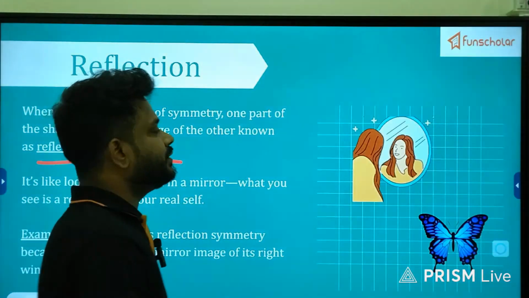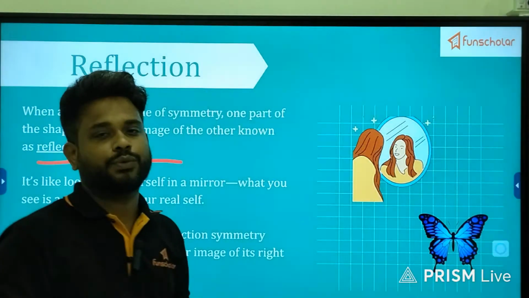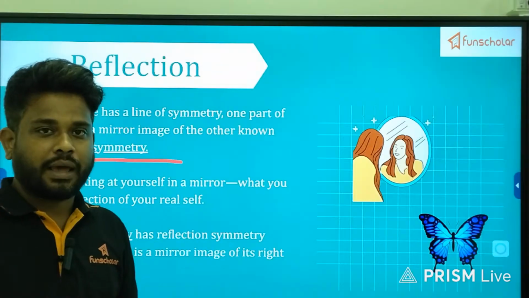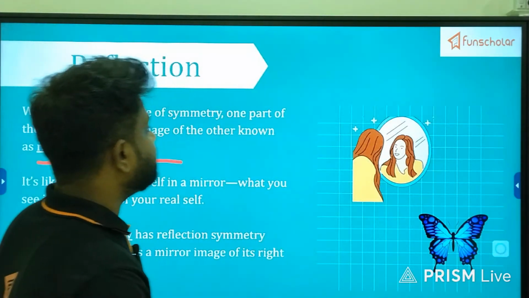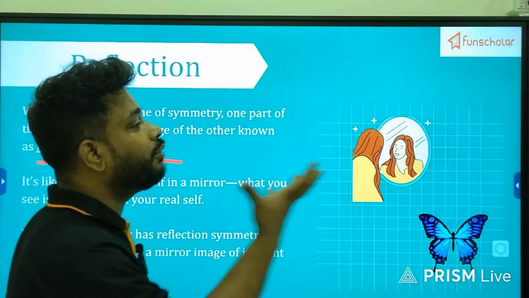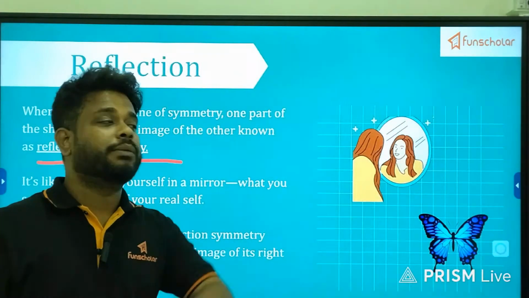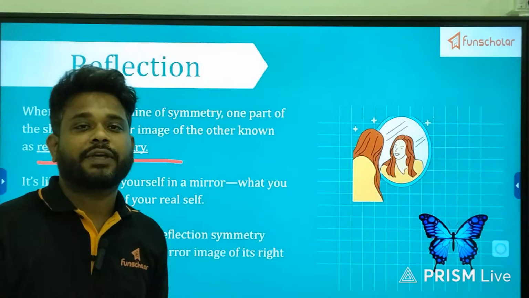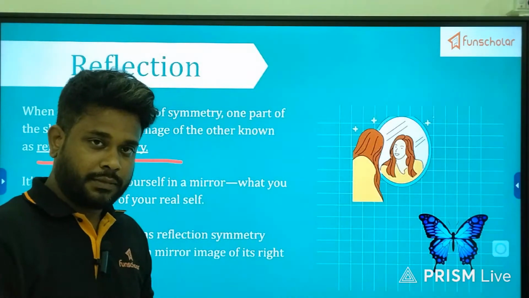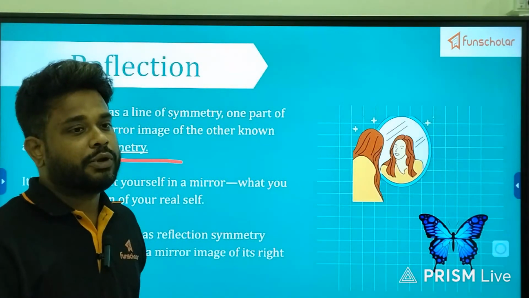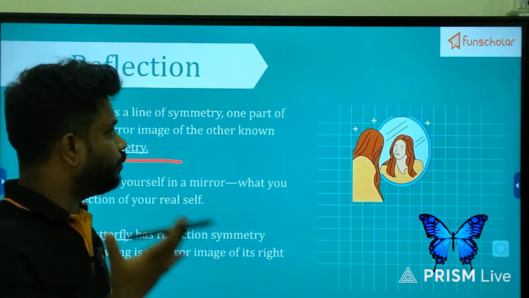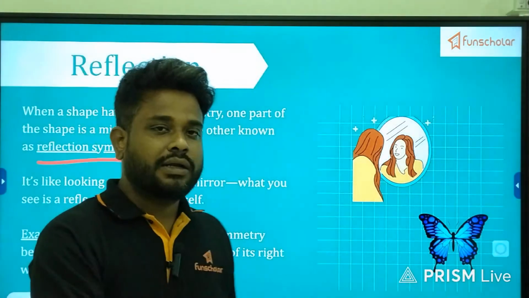Also, in today's life we generally use a selfie camera or mobile camera. That is also a mirror image of yourself. That is the symmetrical form of yourself which you witness in the selfie camera or in the mirror. Okay, so this is another regular example of symmetry, or how symmetry forms in nature.